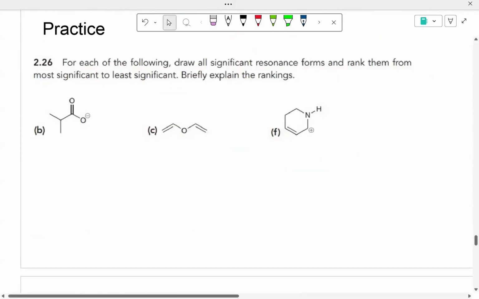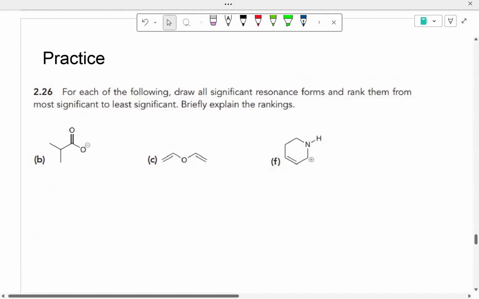All right, let's do the same thing, but now we're going to draw a series of resonance forms. So let's take a look at B. Now with B, I'm going to purposely do something wrong first. And I want you to think in your mind why I would not want to do this. One of the common trends is to take pi electrons and move them up to the more electronegative atom.